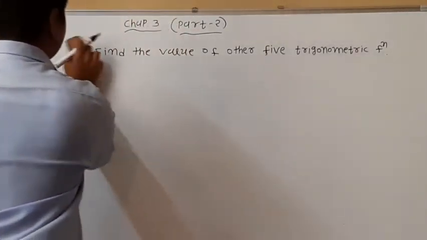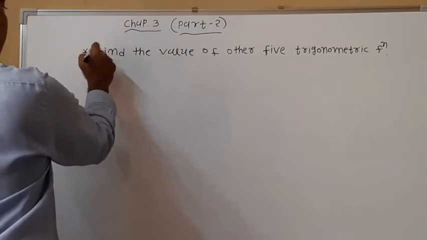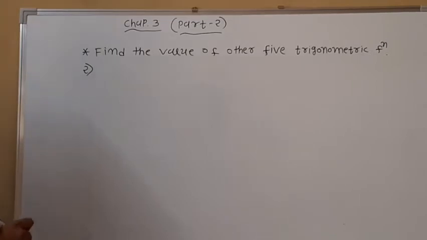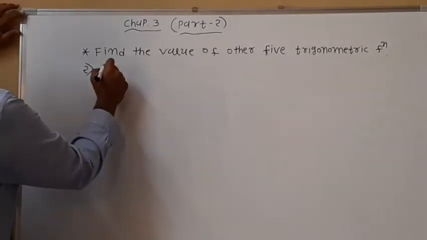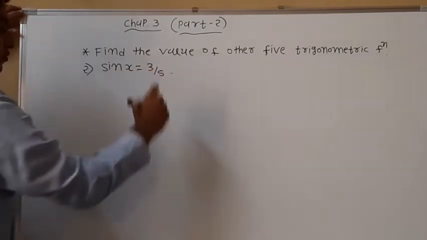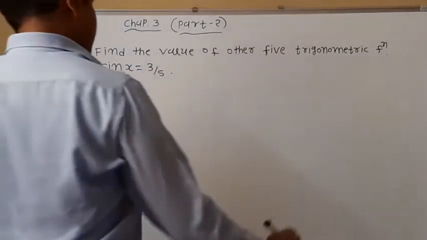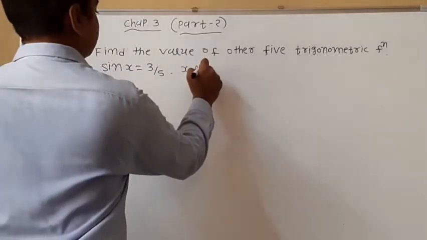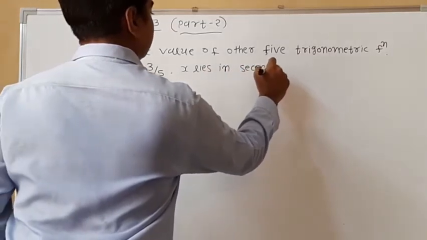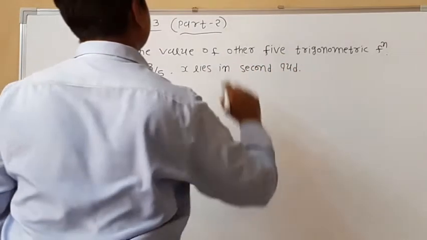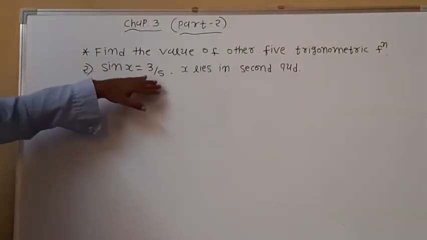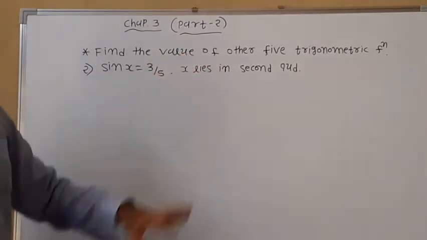Question number 2. Condition same. Second question. Sin x is equal to 3 upon 5, and the condition is that x lies in the second quadrant.